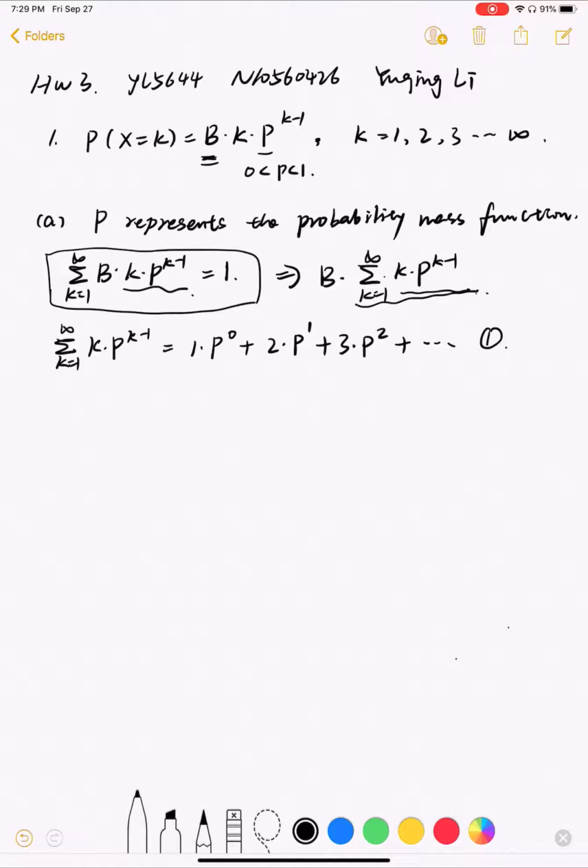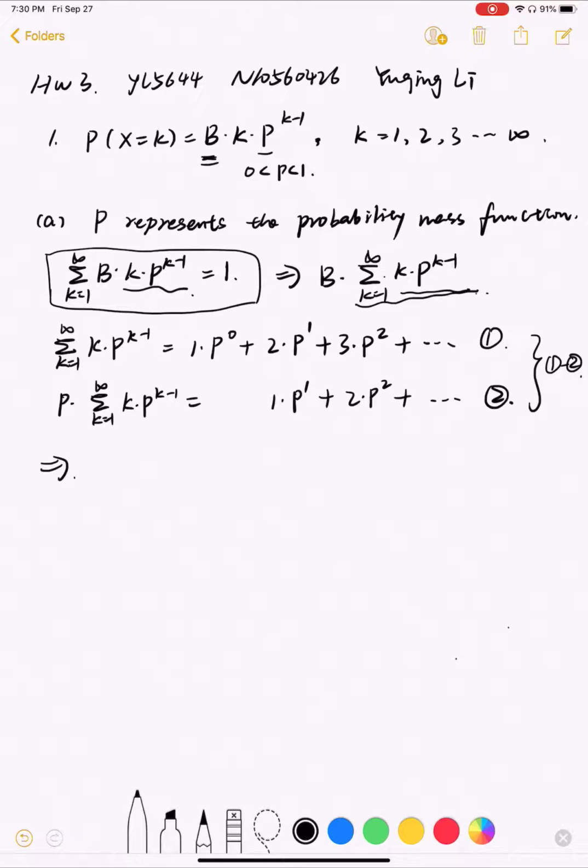And now we multiply p to both sides at the same time. We could get the second formula, which is multiplying by p, is 1 multiplied by p to the power of 1 plus 2 multiplied by p to the power of 2. Now we could let the first formula minus the second formula.